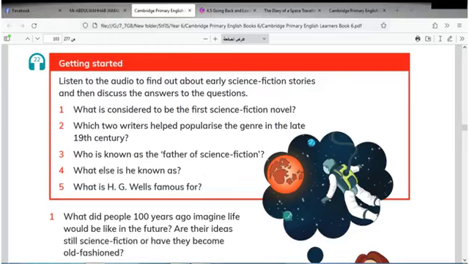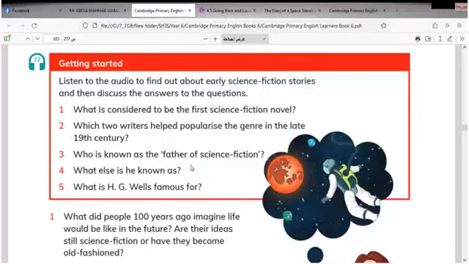So 22 and 23, let's extract them outside and let's see if they work. Okay, hopefully. Let's see. It works. Let's listen together.